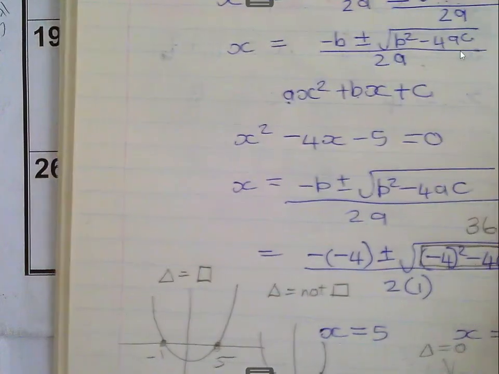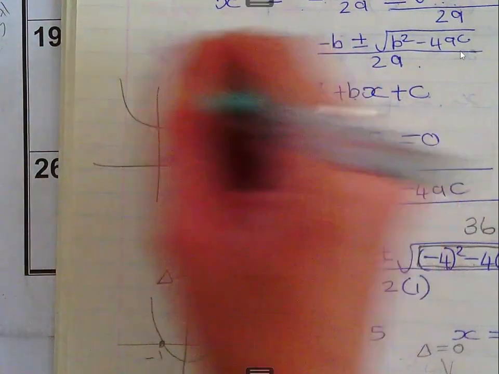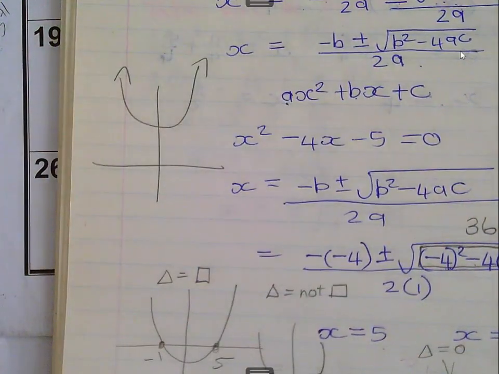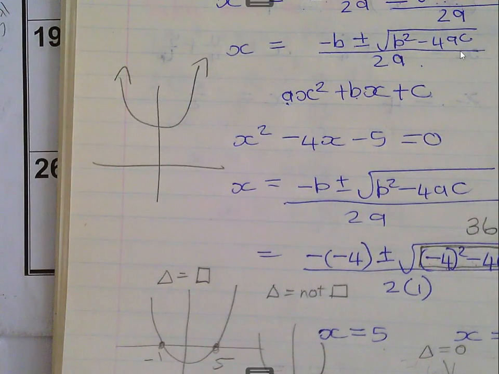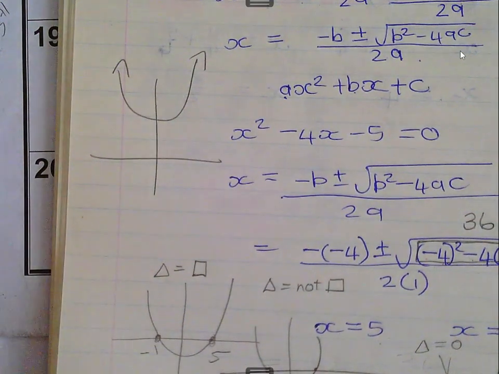And the last thing that can happen is when a graph looks like this. There's the x-axis and it's there. Do you see it's not cutting the x-axis? In other words, the roots don't exist. Do you remember we spoke about values that don't exist in mathematics? It's called non-real. Can you give me an example of a non-real?